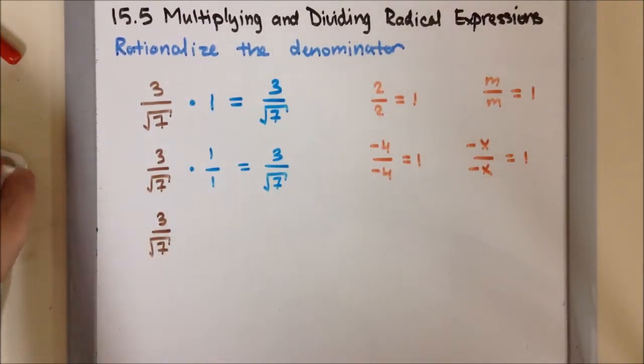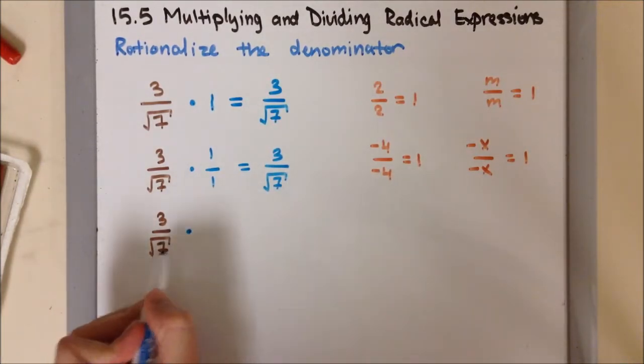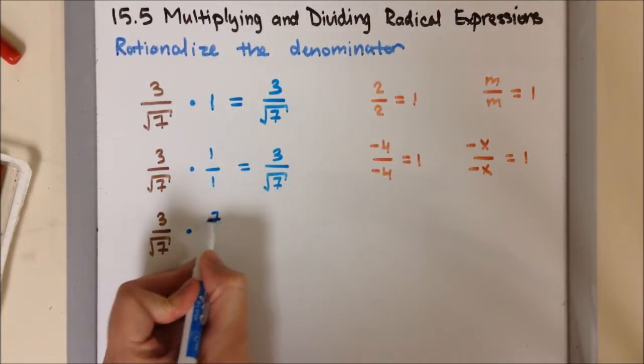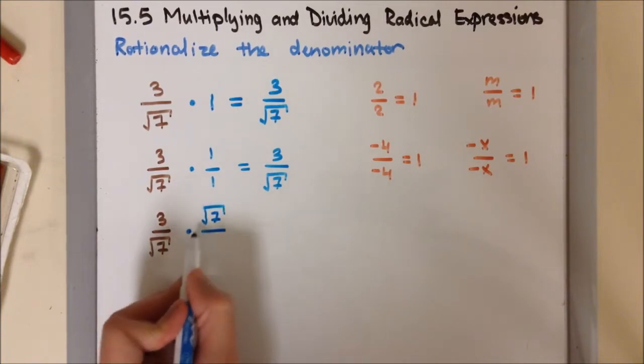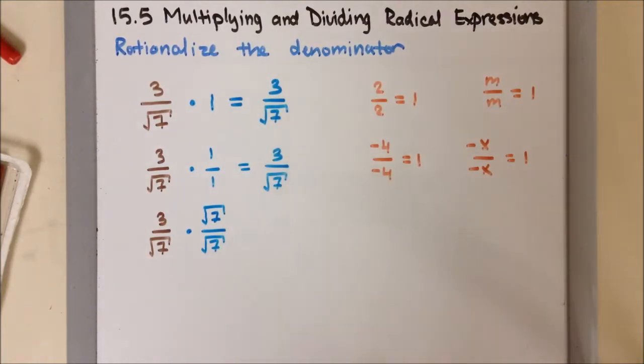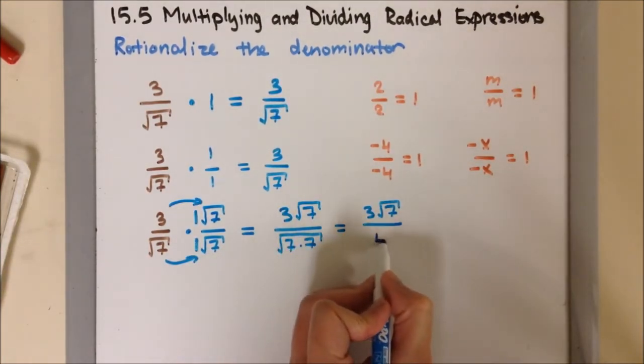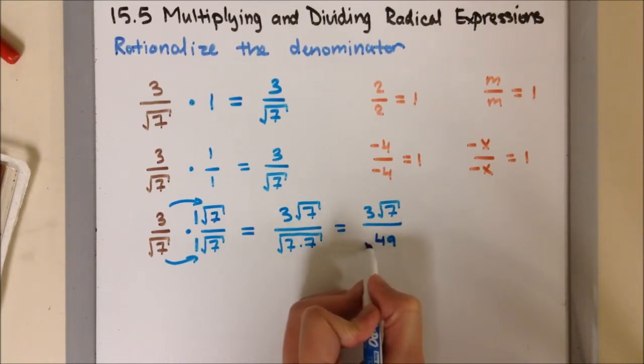Now instead of multiplying the example by 1 over 1, I'm going to multiply by the denominator, square root of 7 over square root of 7. When I do 7 times 7, I'm going to have 49 inside the square root.